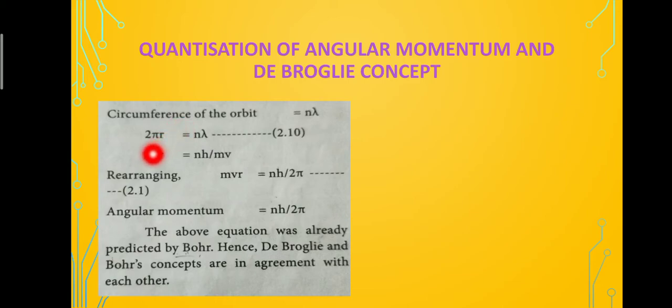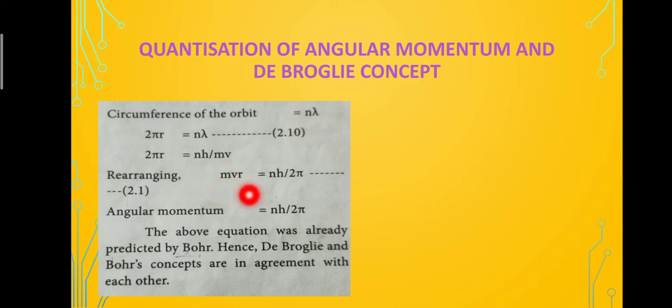So the circumference of a circle is 2 pi r, which has to be equal to n into lambda. We already know from de Broglie's concept, lambda is equal to h by m v. We can substitute that here. So we get 2 pi r is equal to nh by mv.